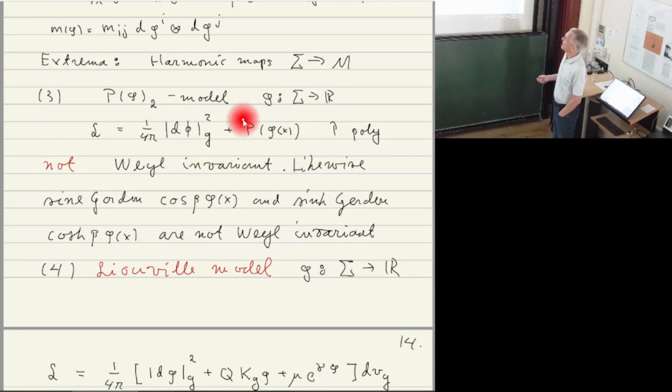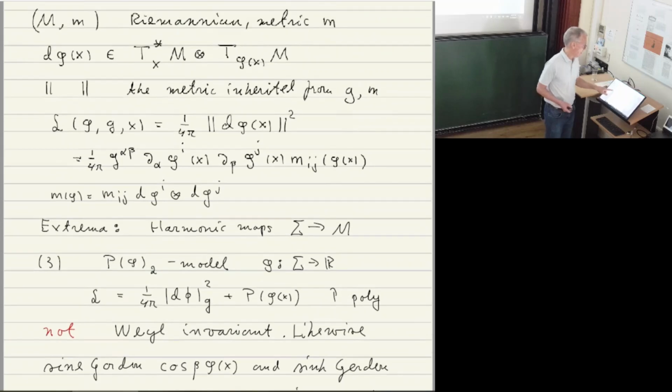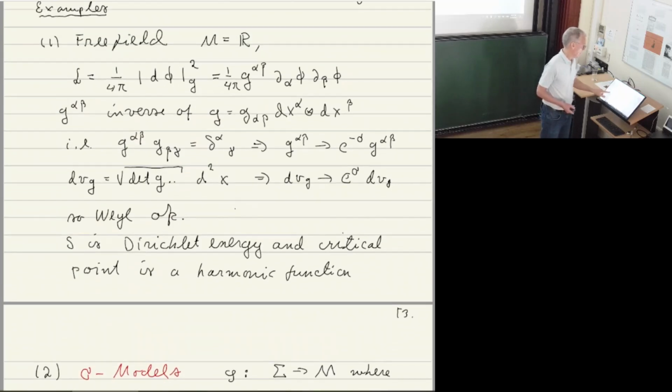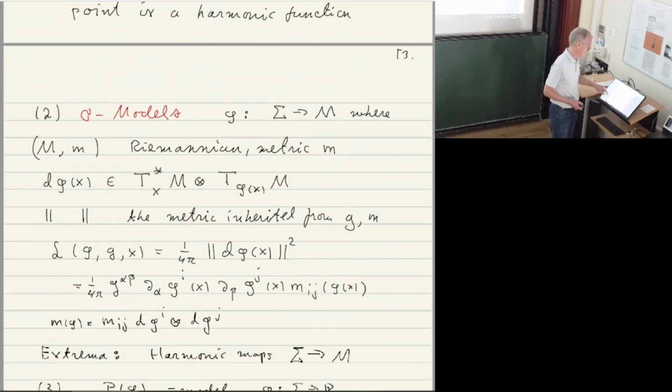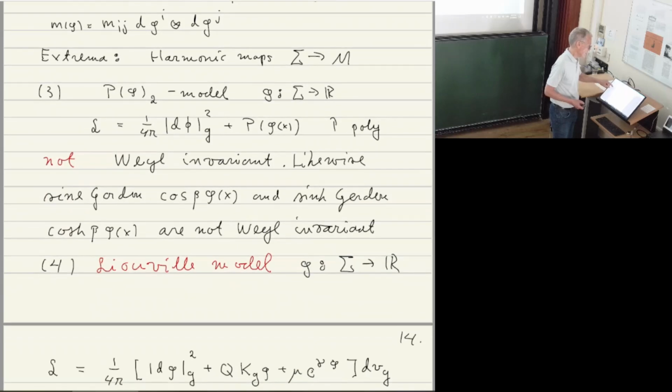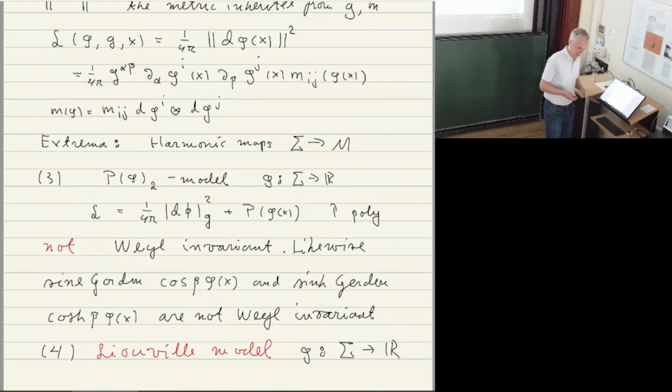But it's not Weyl invariant because of this P here, because the volume changes by e to the sigma, and there is nothing coming from anywhere else, unlike when you had just something depending on the derivatives. So this is not Weyl invariant. So the classical theory is certainly not conformal.